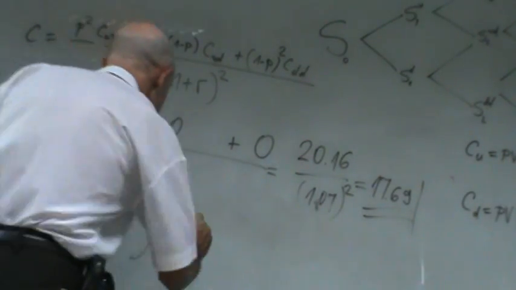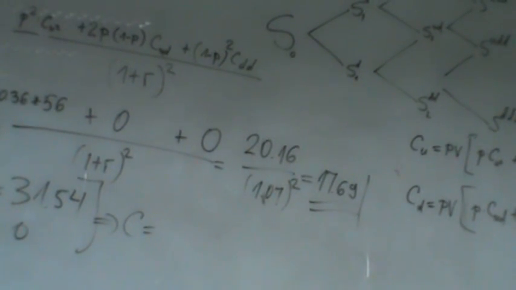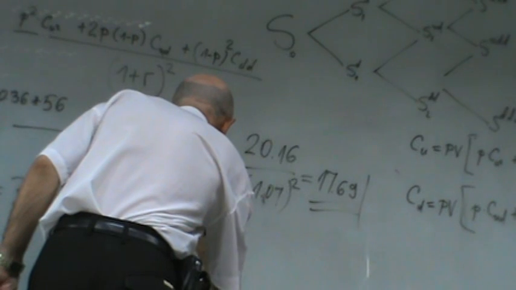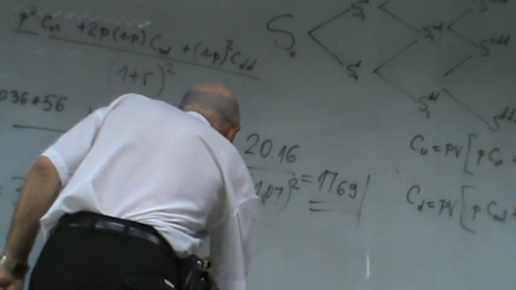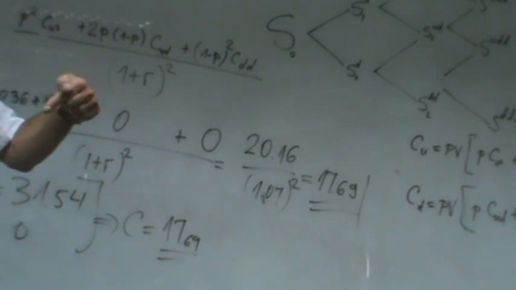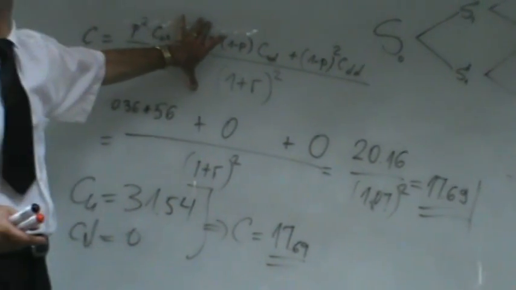And from here, C equals 17.69. It's the same thing. So they did it in 2 steps: first calculate CU and then calculate CD. I did it in 1 step by using the full formula.